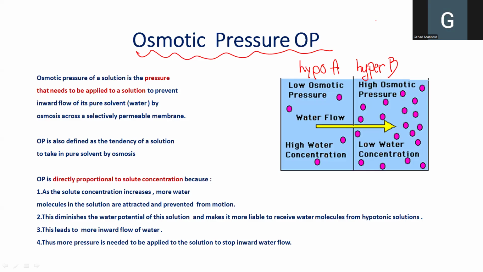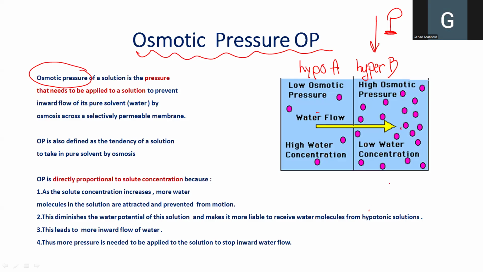But we have said that if we apply pressure here, we can prevent the flow even if the water concentration on both sides is the same. That pressure that you have to apply on the hypertonic solution to stop osmosis is called the osmotic pressure.